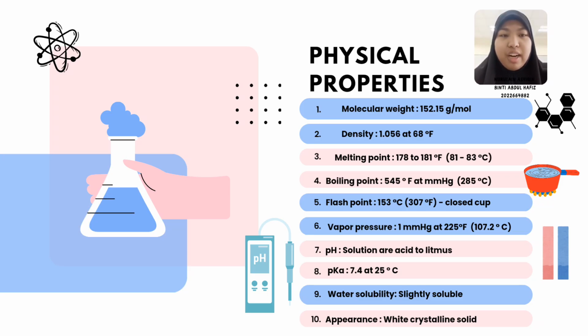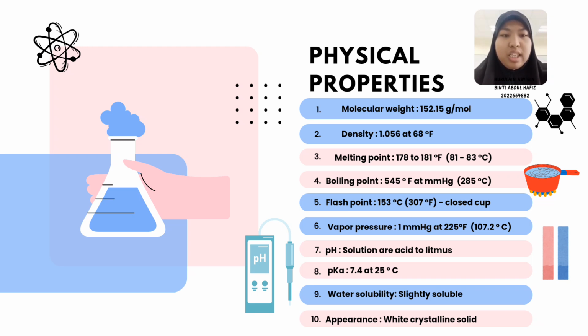The melting point for vanillin is 81 to 83 Celsius and the boiling point is 285 Celsius. The flash point is 153 Celsius and the vapor pressure is at 107.2 Celsius.